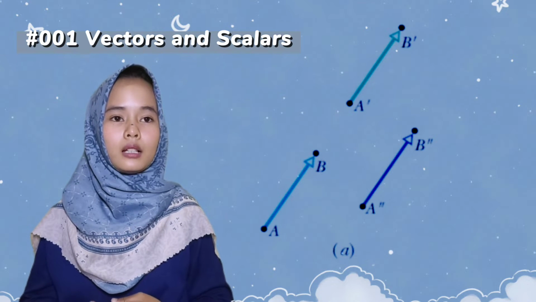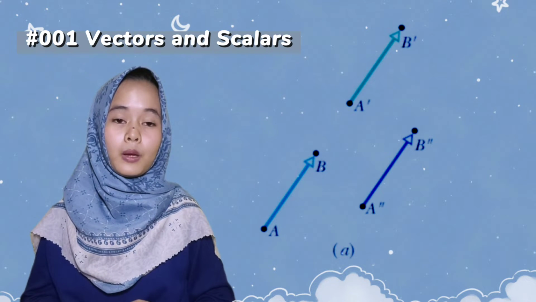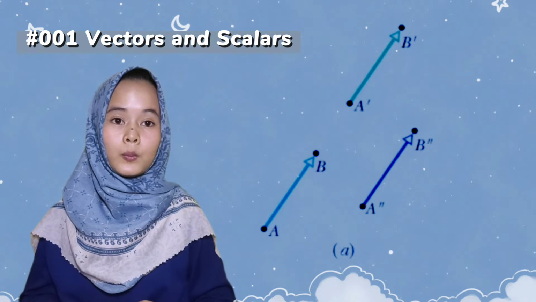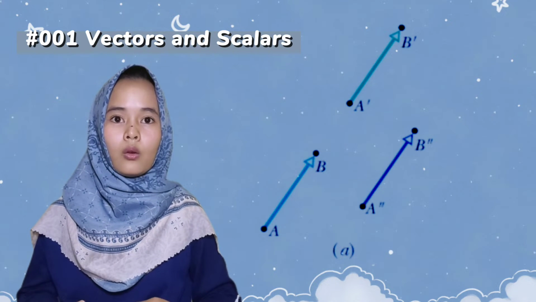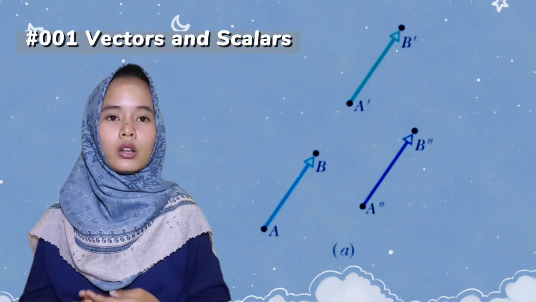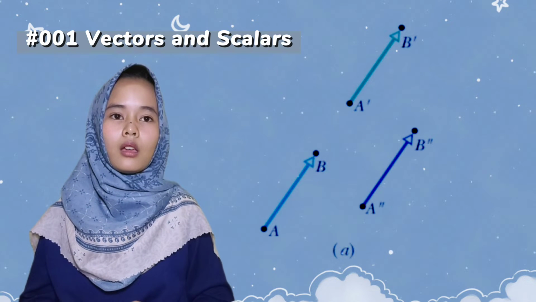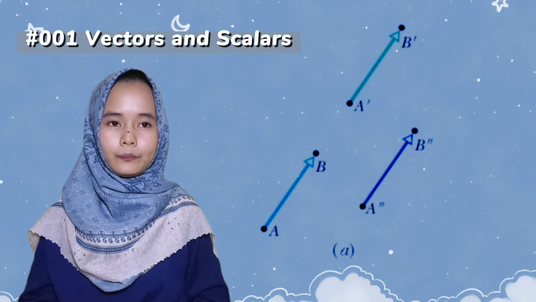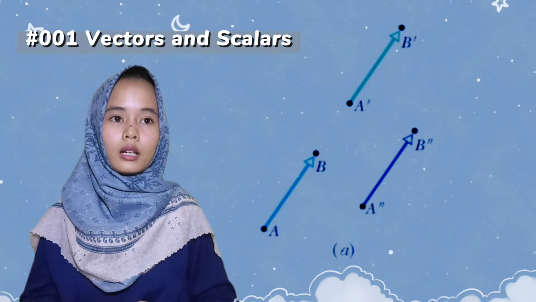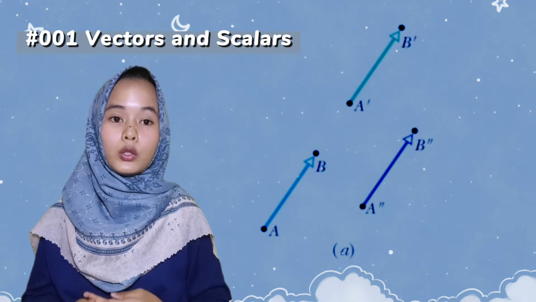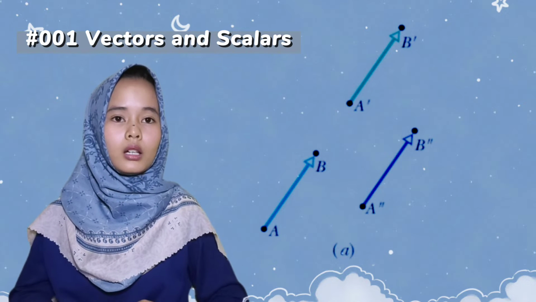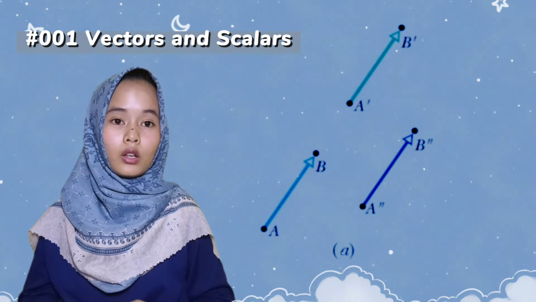If a particle changes its position by moving from A to B, we say that it undergoes a displacement from A to B, which we represent with an arrow pointing from A to B. The arrow specifies the vector graphically.